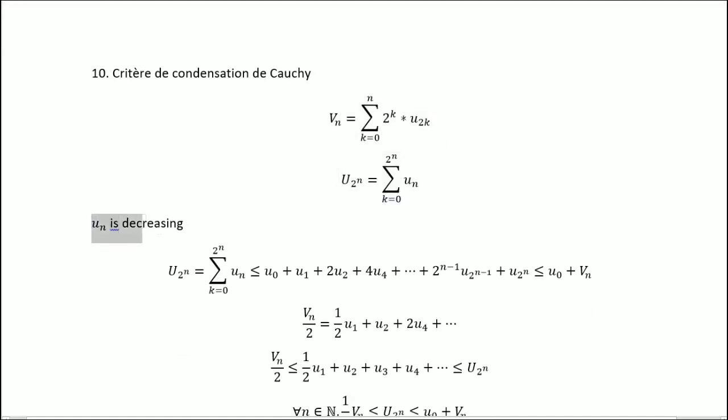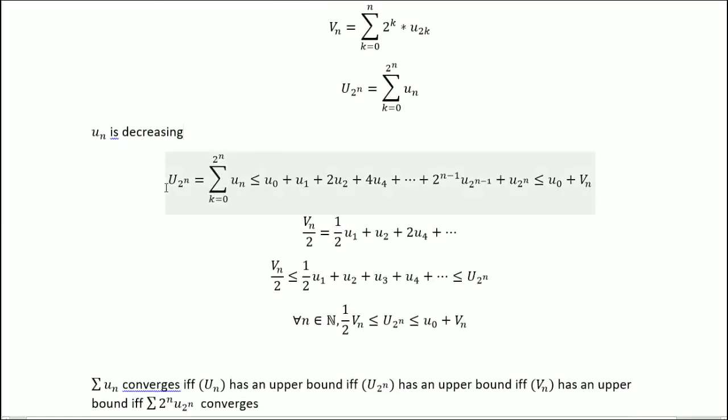U_n is decreasing. So I set V_n as the same sequence except that there is the 2 to the power n here. So that's the sum from k equals 0 to 2 to the power n of the u_k.